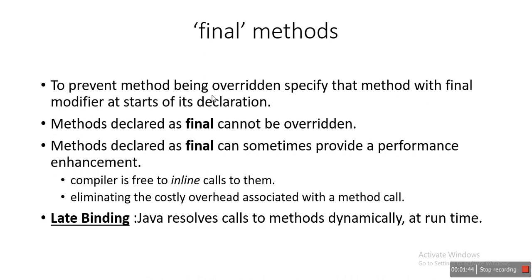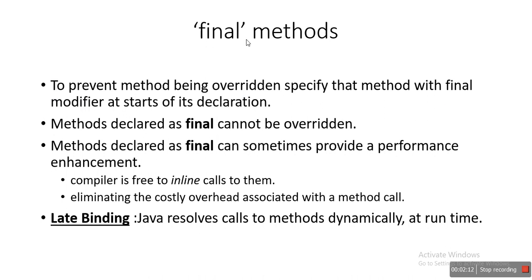To prevent a method from being overridden, specify that method with the final modifier at the start of its declaration. We'll see an example of how to declare a final method and what its use is. The definition of a final method is that it prevents the method from being overridden by any other class.